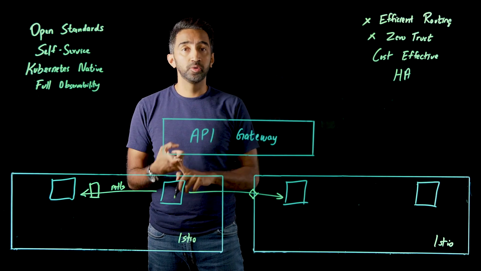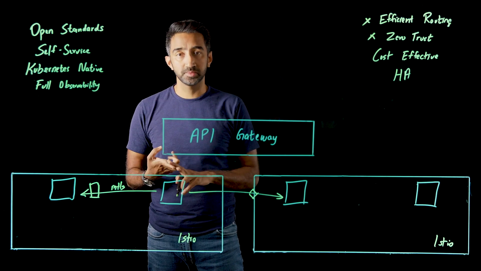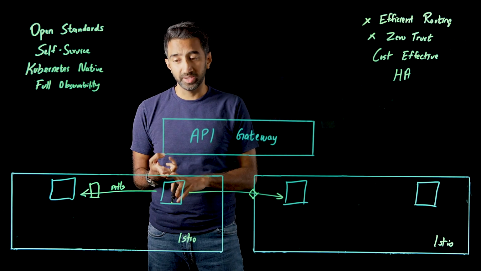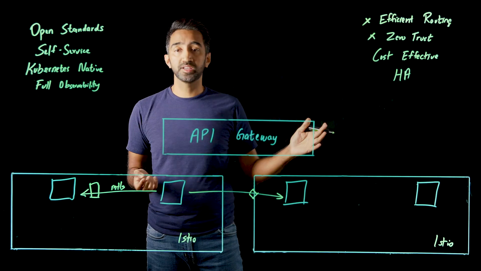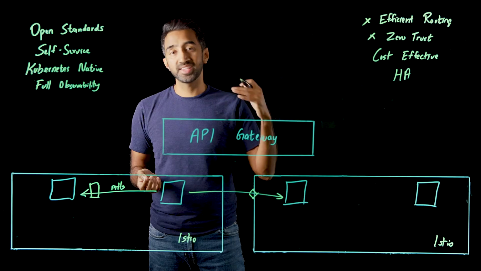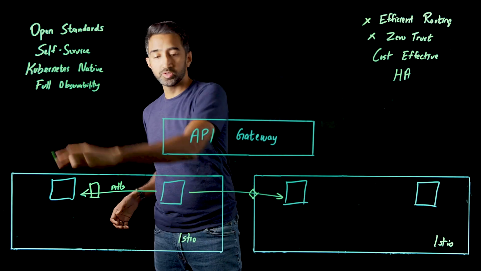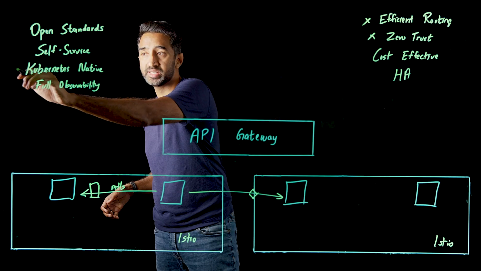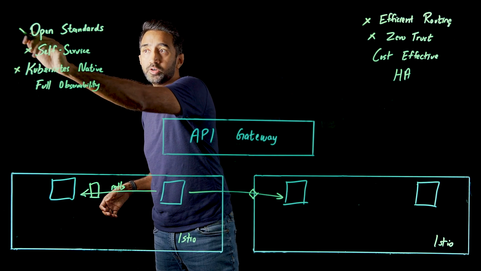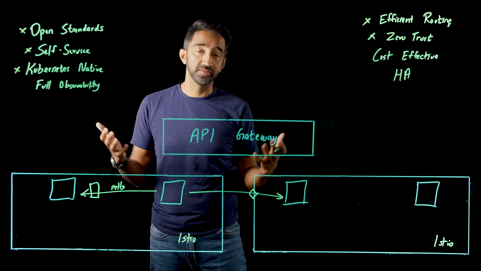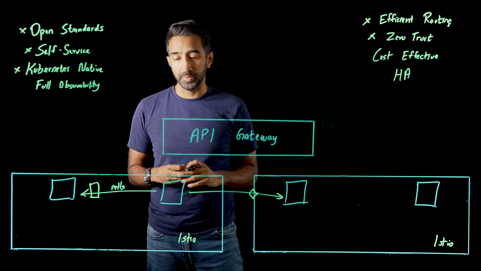You're writing Kubernetes-native configuration. You're using Kubernetes CRDs. So all of this configuration can be packaged inside the same Helm charts that developers are using to deploy their application. So everything over here is fully Kubernetes native, and you get self-service, and you're using Kubernetes-native CRDs and open standards like Gateway API.